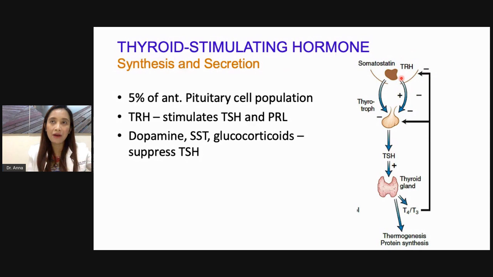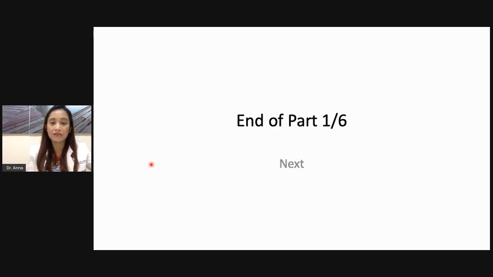That's why patients with severe hypothyroidism resulting in markedly elevated levels of TRH can also have symptoms of hyperprolactinemia. On the other hand, your dopamine, your somatostatin, and your glucocorticoids can suppress your TSH.